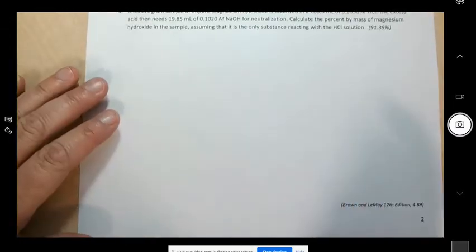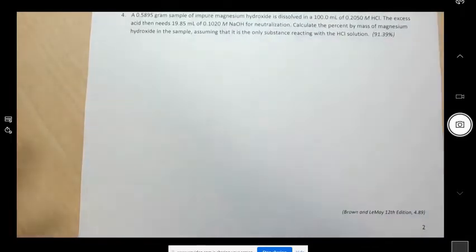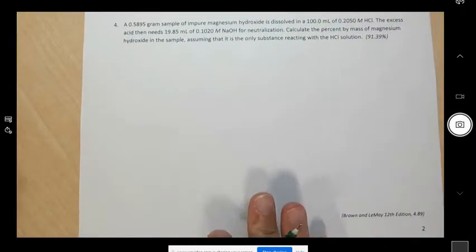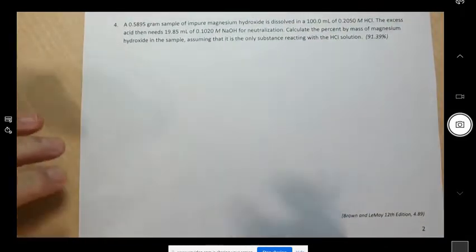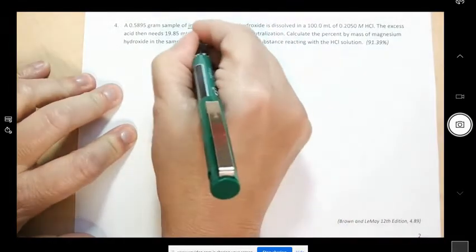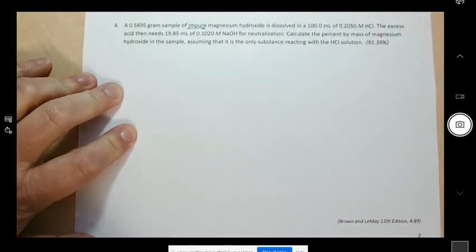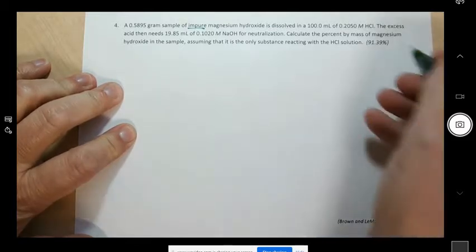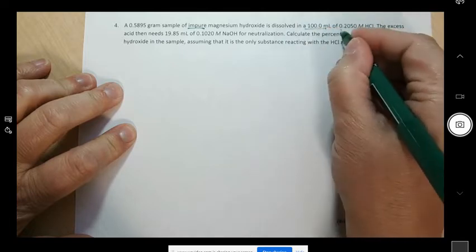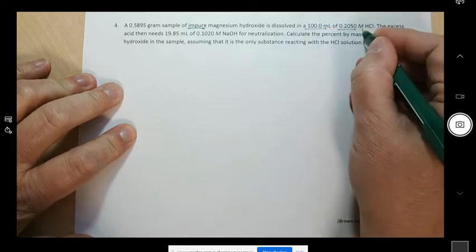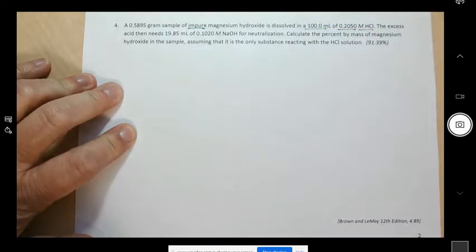Question number 4. I really should have left a little bit more space for this. This is a good problem. There are some FRQs that kind of resemble this. And the key to this one, and what I want you to focus on, is this word impure. That implies that it's not all magnesium hydroxide, but you're dissolving it in 100 milliliters of a 0.205 molar HCl solution.